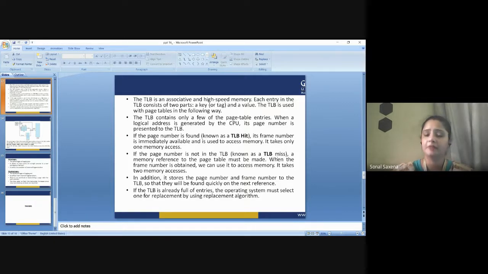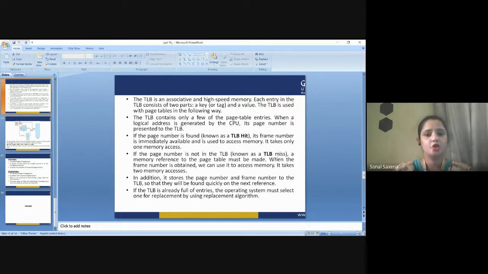Sometimes you might access a page that has already expired, from a process which is already terminated, and in that case you may not find that page. But if you find that page, it is known as a TLB hit. In that case, its frame number is generated immediately and used to access the memory. So it takes only one memory access.